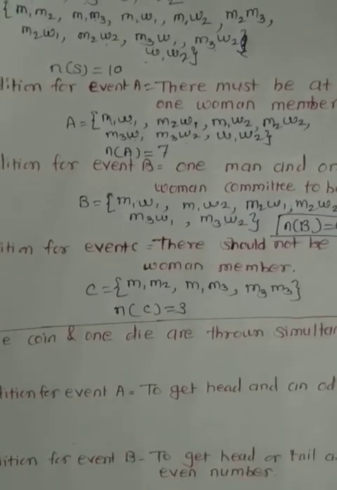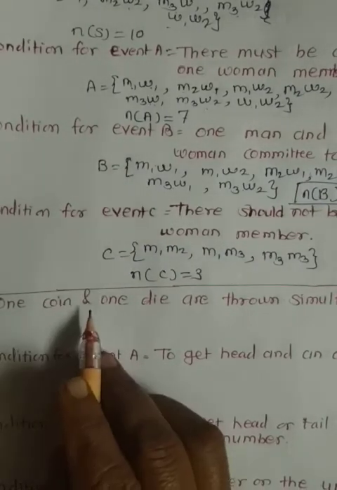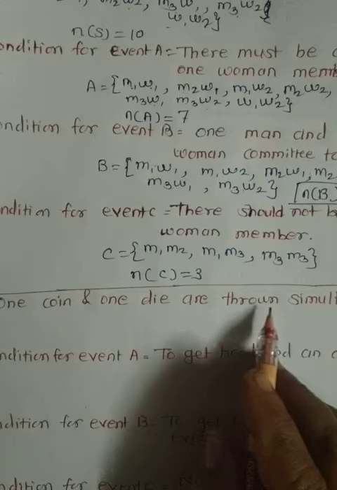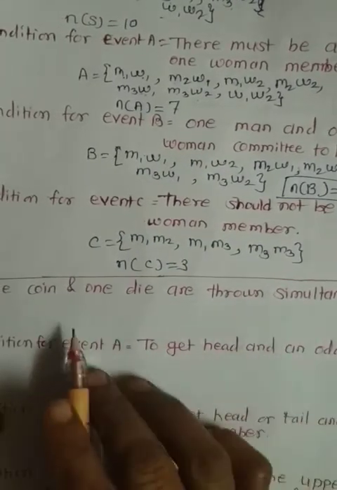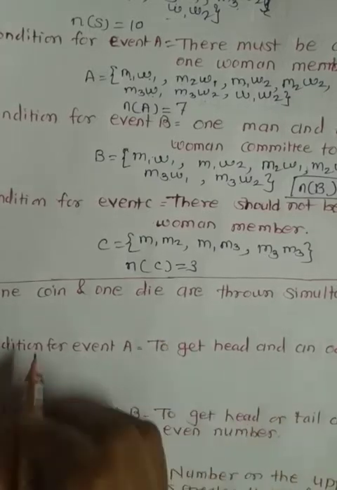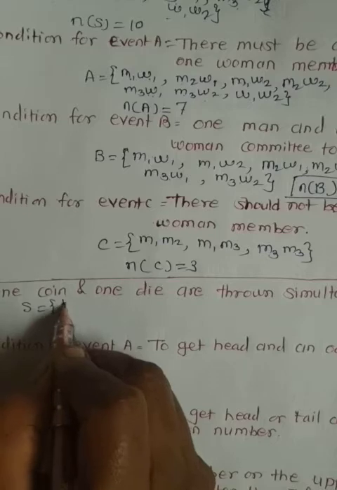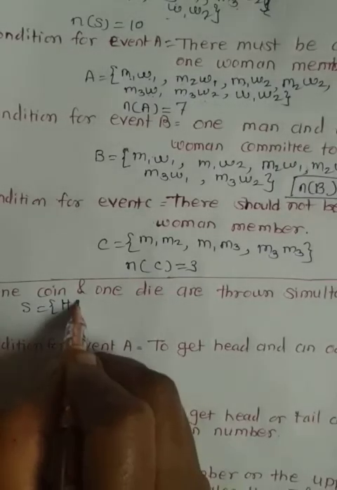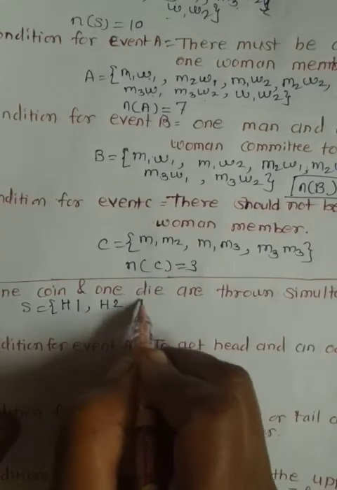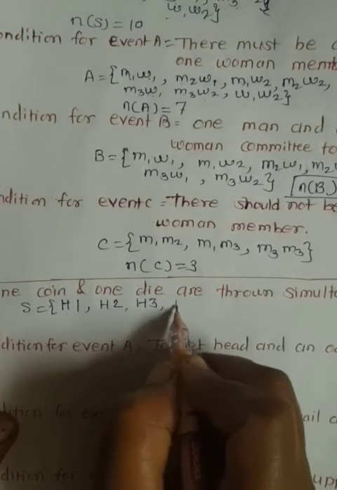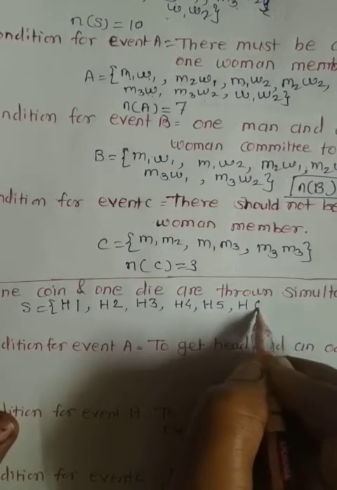Now we are taking the last example from the practice set. One coin and one die are thrown simultaneously. Means we have to take one coin and one die. Then at that time the sample space will be, suppose, head on coin and 1 on die, head 2, head 3, head 4, head 5, head 6.